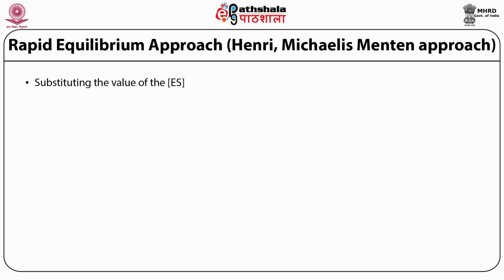When we substitute the value of ES complex into the equation, you will have V upon ET is equal to K2 into ES, so we are replacing ES with its value, that is substrate concentration divided by Ks into free enzyme concentration.